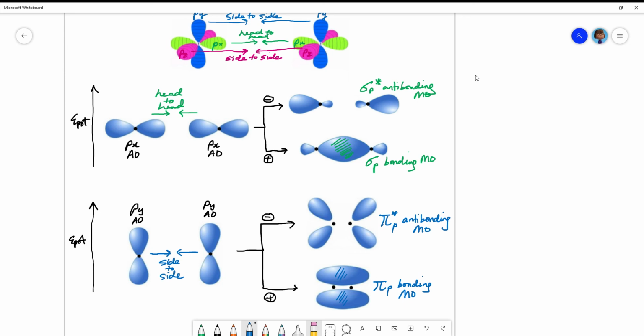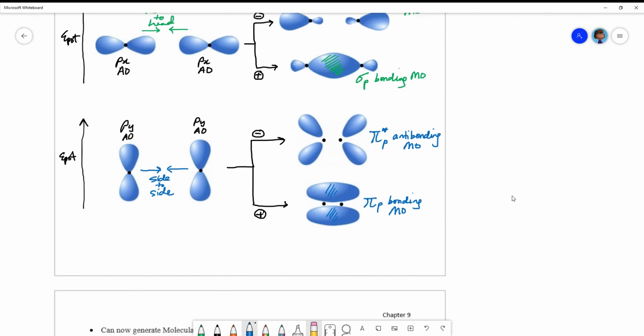So I'm not going to draw that a third time. I'm just going to note that. Let's use the same color that I had for those pz's.